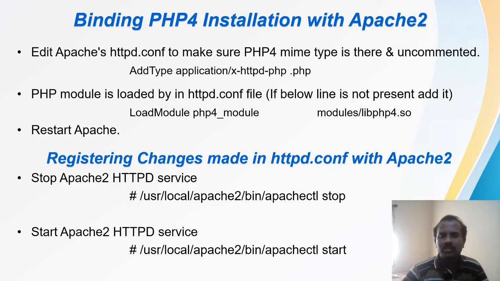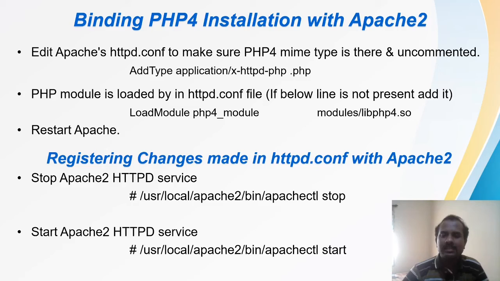Now what you have to do is bind PHP 4 with Apache 2. So how to do that? Go to Apache 2 and open the httpd.conf file and check whether the PHP4 mime type is there and uncommented.